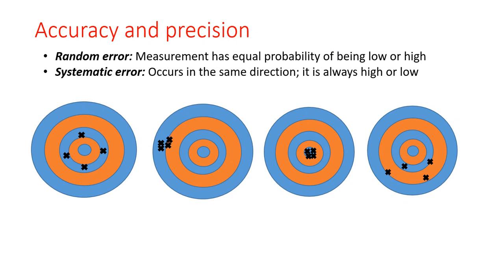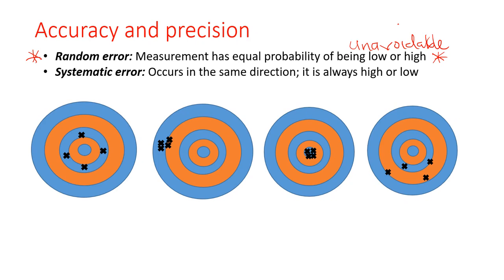We have two types of them. We have a random error. Random error is always unavoidable. We can't avoid random error.